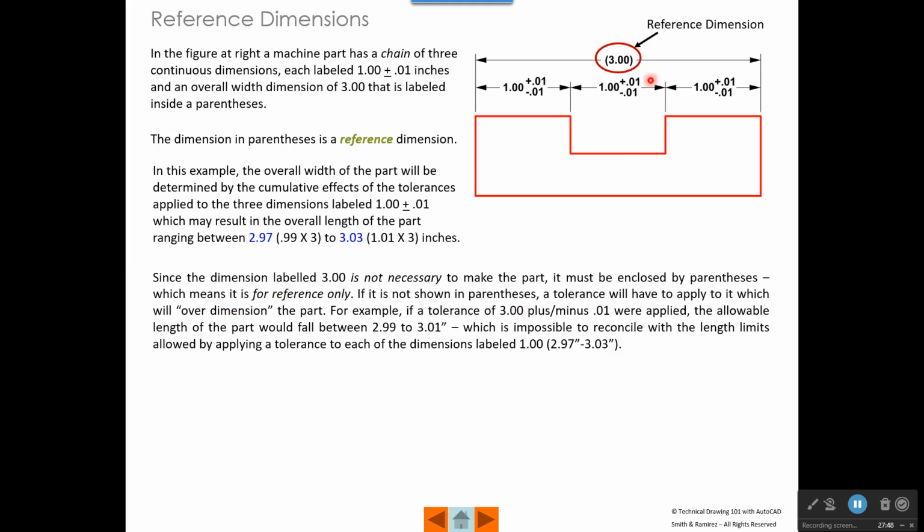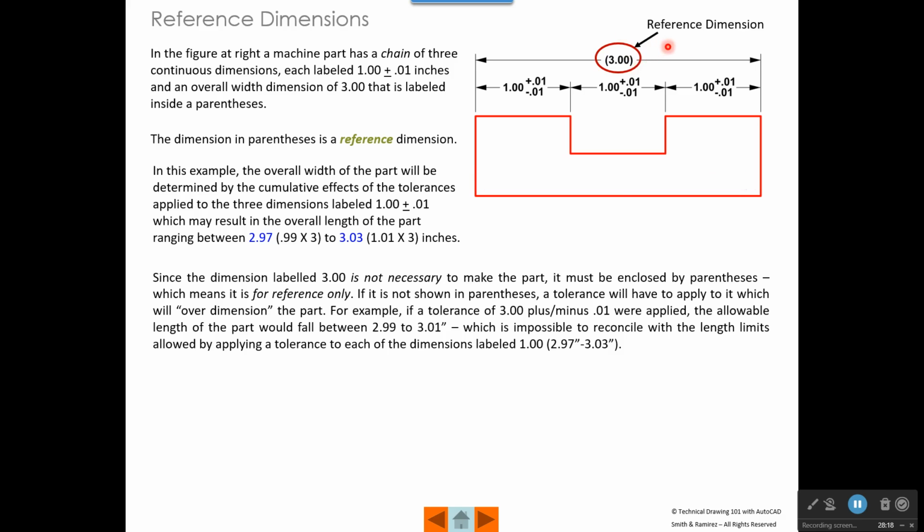So let's think about that. What if we had 3.00 up here plus or minus 0.01, just like these are down here, okay? Well, here's what could happen. This part, if they make the part using these 3 dimensions, might wind up being 3.03 inches wide. Well, how would you reconcile that with this dimension if it said 3.00 plus or minus 0.01?